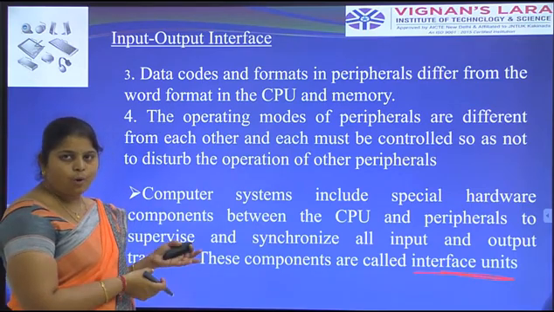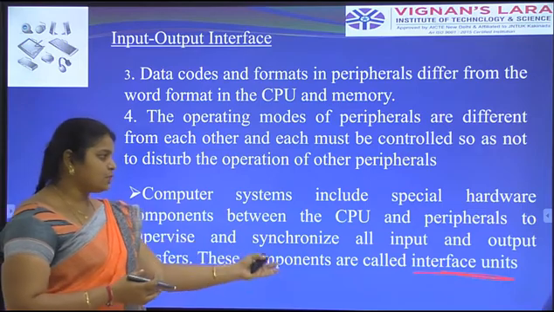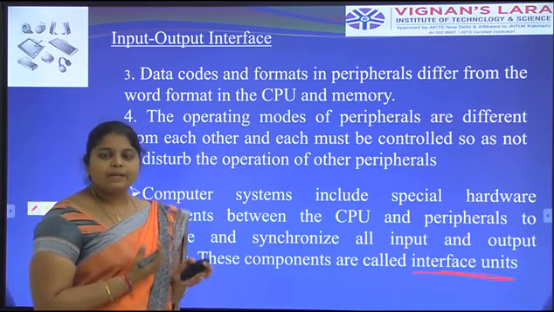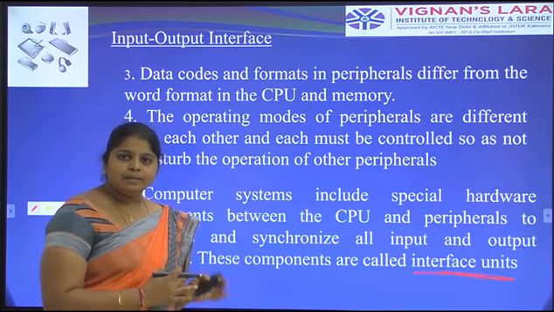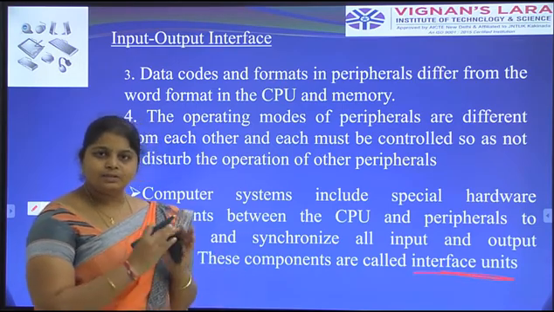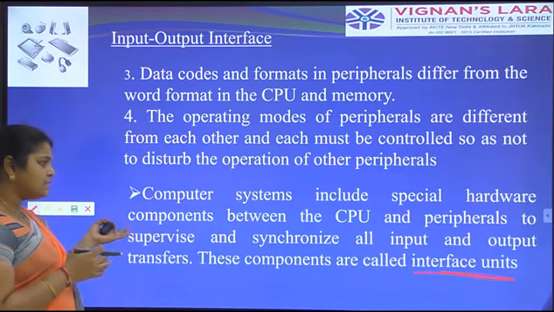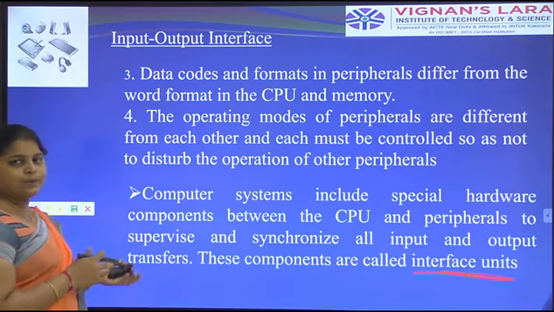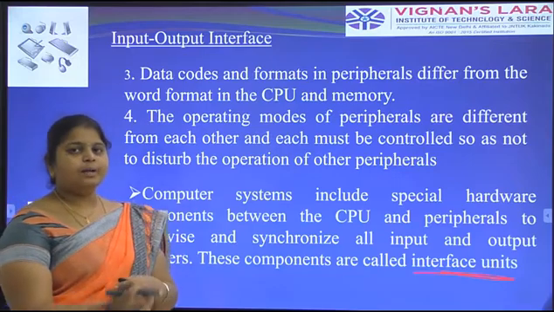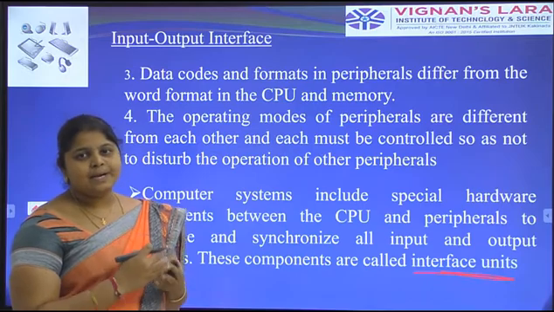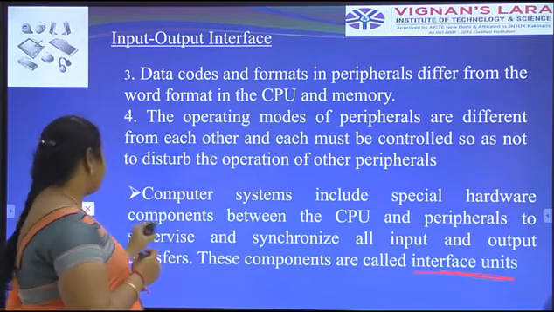To resolve this problem, we use the interface unit as a mediator between the input devices and the CPU. The interface unit acts as an intermediate between the keyboard and CPU, and we transfer input and output with its help.